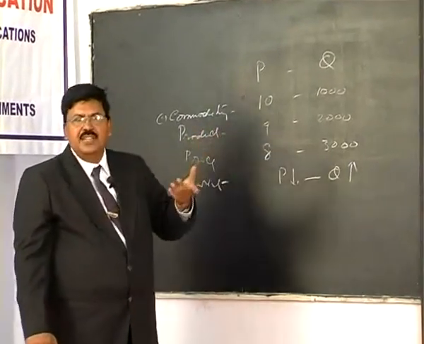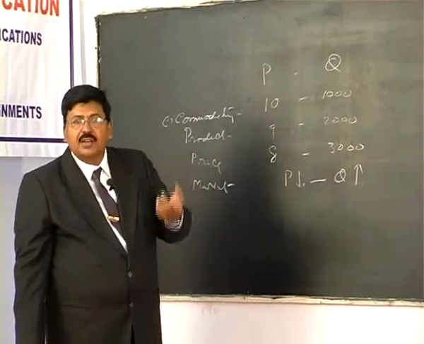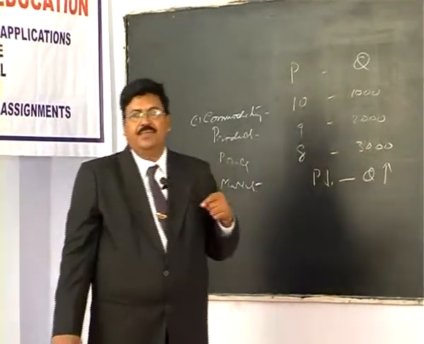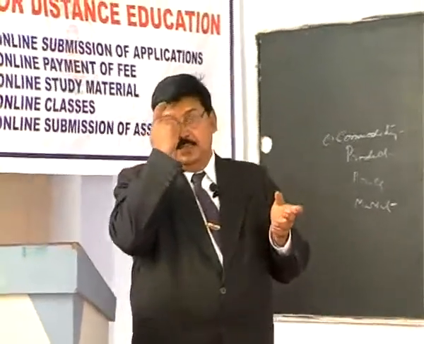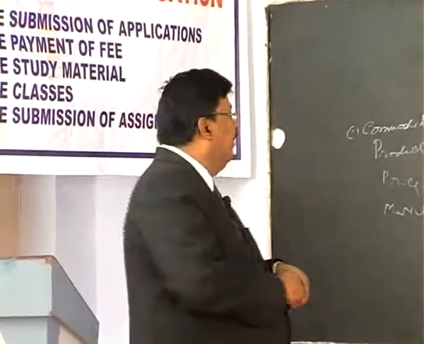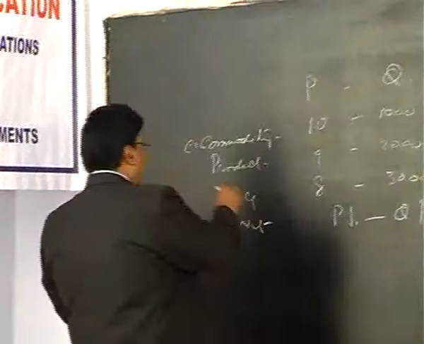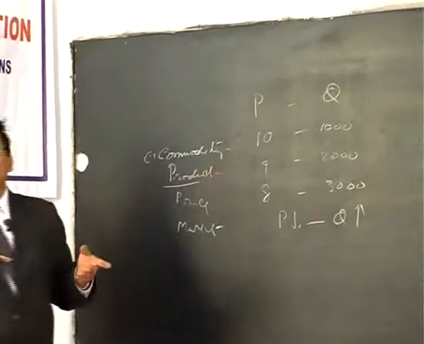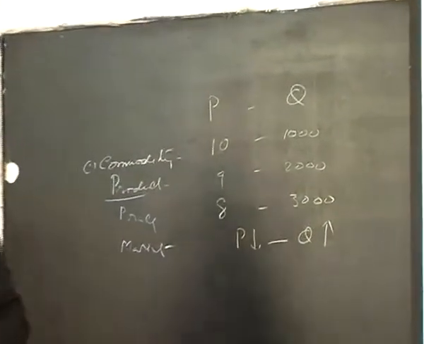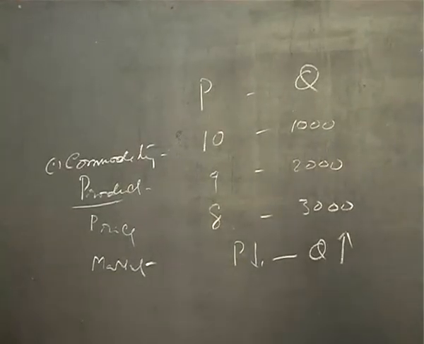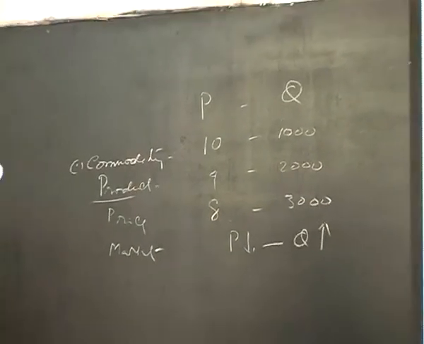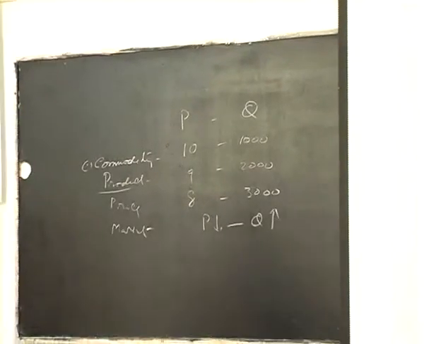Suppose Swift Dzire is a product of Maruti Udyog Limited. So the output of a firm is known as a product, and the output of an industry may be defined as a commodity. Now let us see what is the meaning of price in economics. Price means money value per unit of the commodity. It has a simple meaning always.